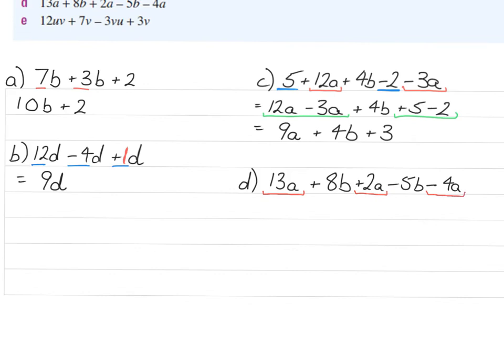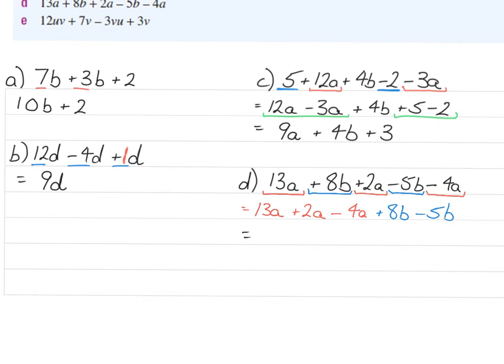They're all like terms. And then my b's are also like terms with one another. So I'm going to put all the red things together. So I've got 13a plus 2a minus 4a. And then I've got plus 8b minus 5b.